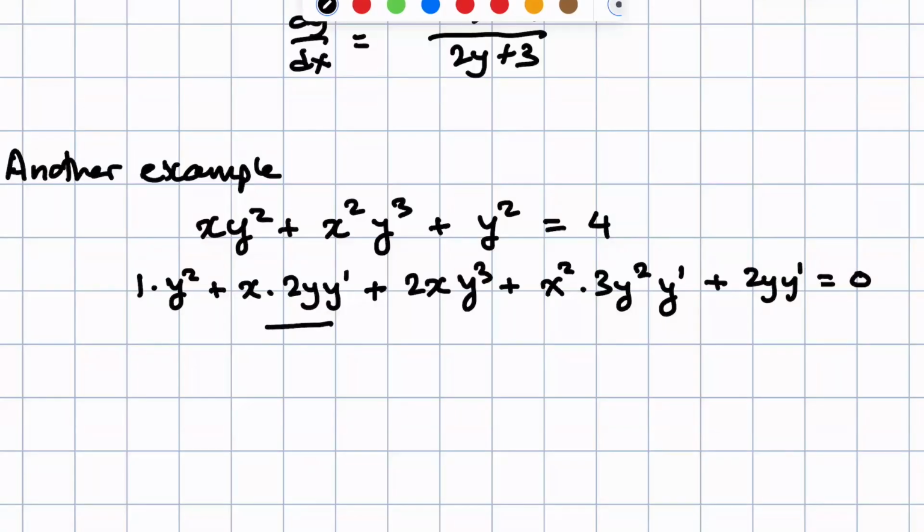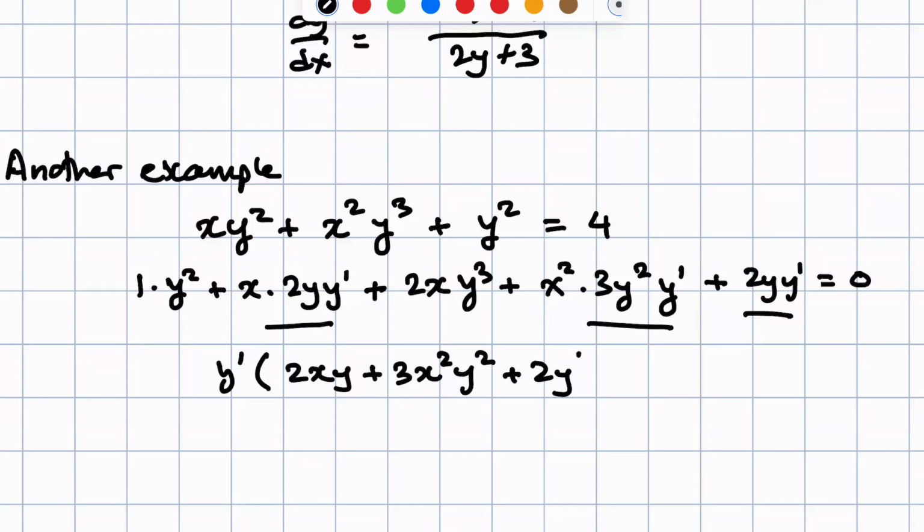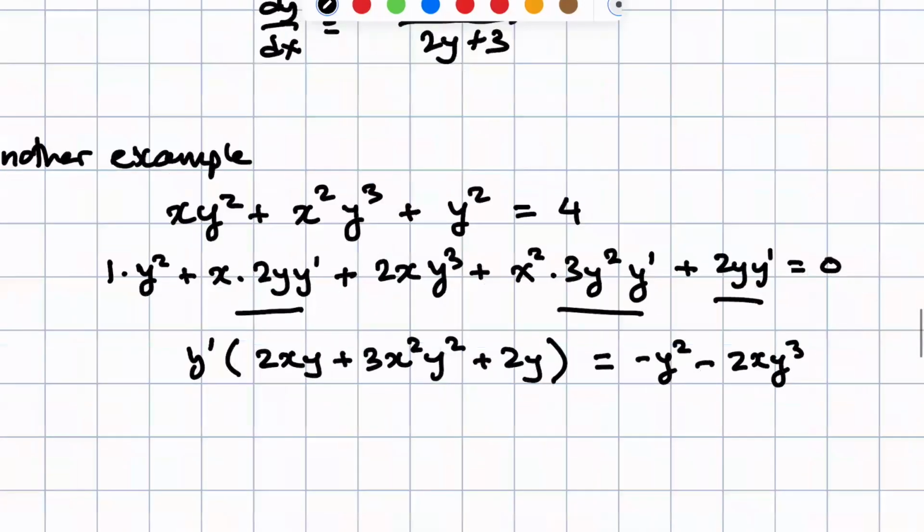So let's collect all the terms with a y prime. There are 3 of them. And let's factor the y prime out. I get 2xy plus 3x squared y squared plus 2y is equal to, and let's move all the other pieces back, minus y squared plus 2xy cubed.